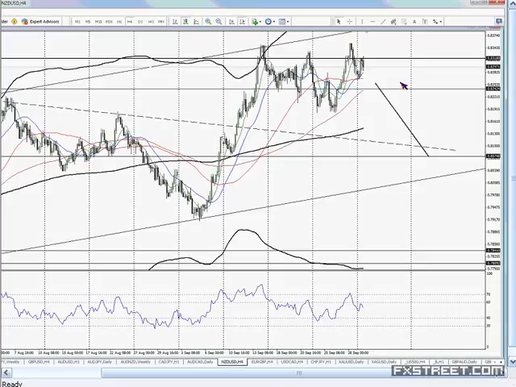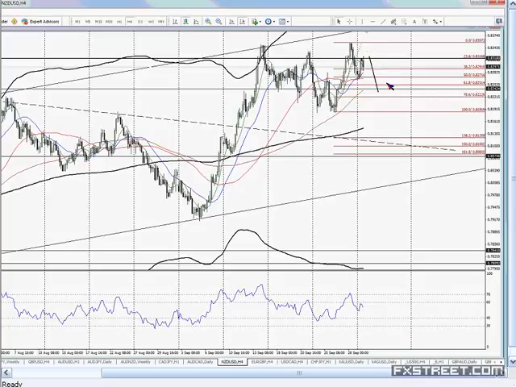Okay, but if you're not going to wait for this pullback to the 80.75 area, I would still wait for a pullback here, maybe down to 82.50.